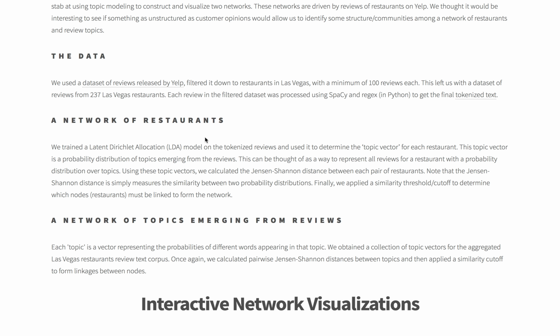So we conducted topic modeling. We constructed topic models using latent Dirichlet allocation, and then we found a topic vector for each restaurant. Using this topic vector, we found similarity in the restaurant space, and for each restaurant, we found similar restaurants and constructed a network.